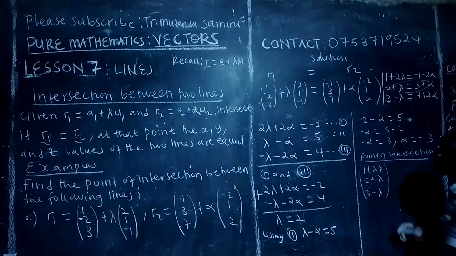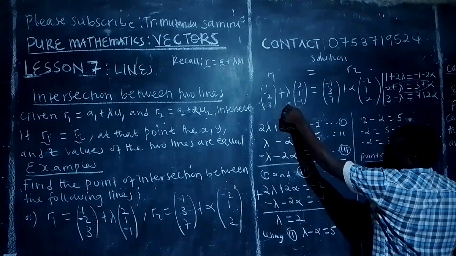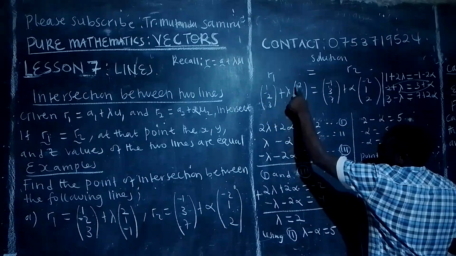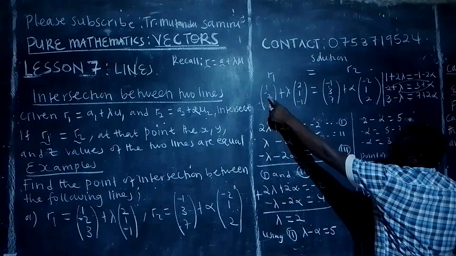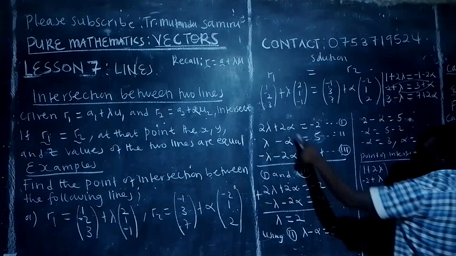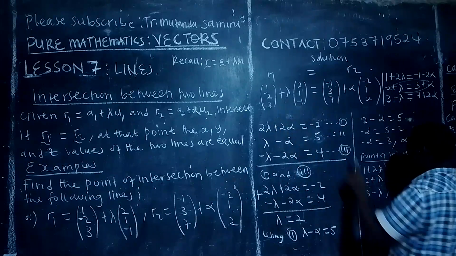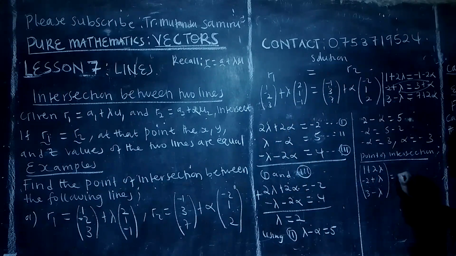Why I'm using this? Because it is this part here. You see that 1 plus 2 lambda is this one. Negative 2 plus lambda is this one. 3 minus lambda is this one. So it will mean that you shall say 1 plus 2 into 2. Okay. Negative 2 plus 2. 3 minus 2.